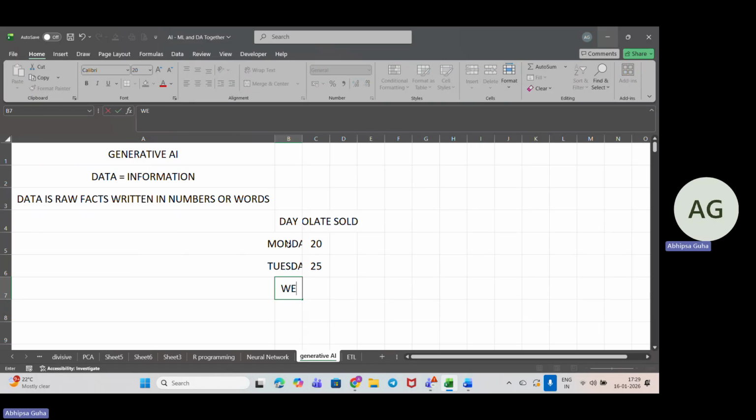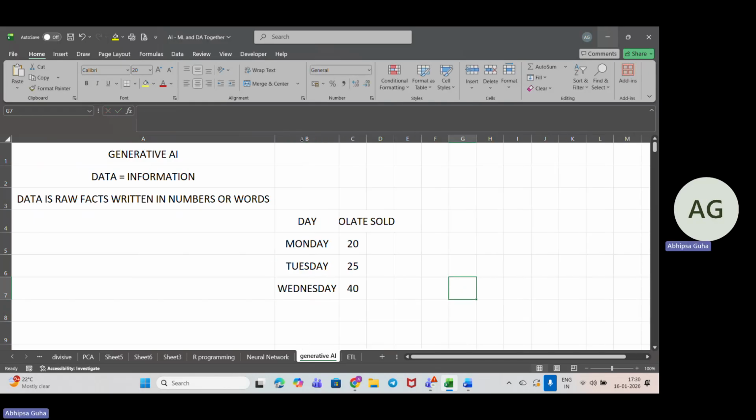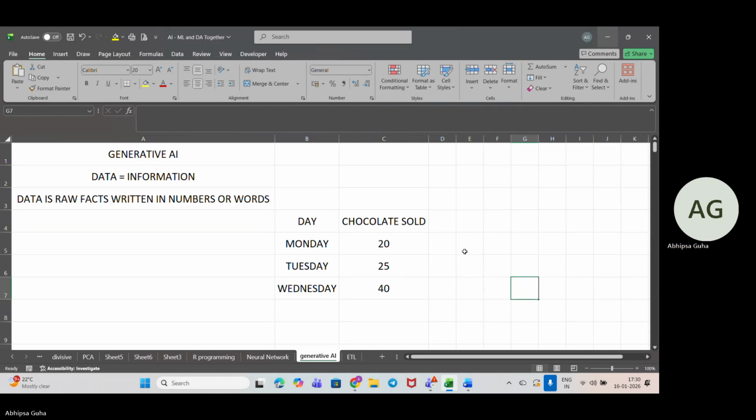Next we have Wednesday, that is suppose 40. So this is a table of data. This total table is my data at the end. Each of them is data, and altogether this is also our data that is giving us some information.